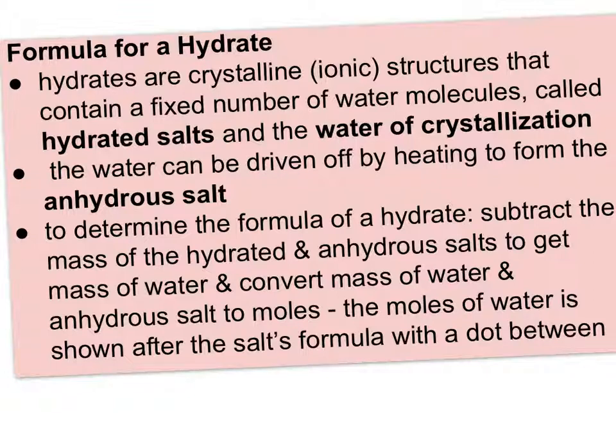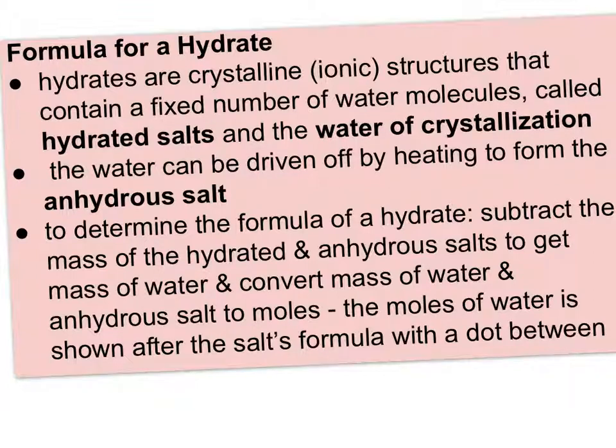And you can easily get the salt dehydrated or get rid of the water by heating it, and then we call it anhydrous salt. I don't know why we don't just call it dehydrated salt, but it's called anhydrous. So to determine the formula of the hydrate, you have to subtract the mass of the hydrated and the anhydrous salts, and that'll tell you how much water you have.